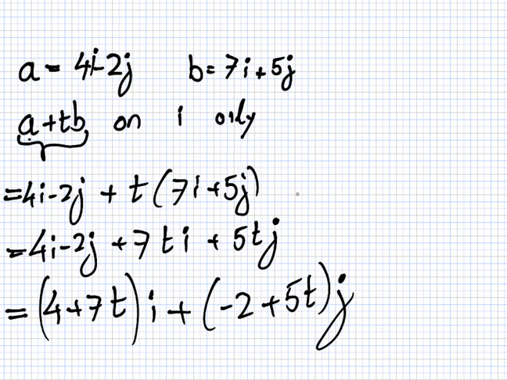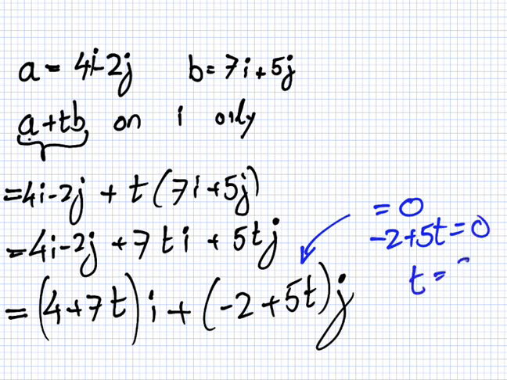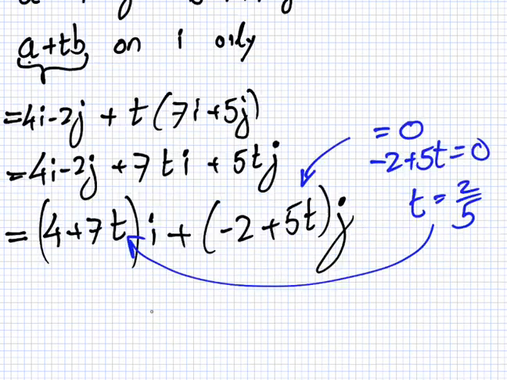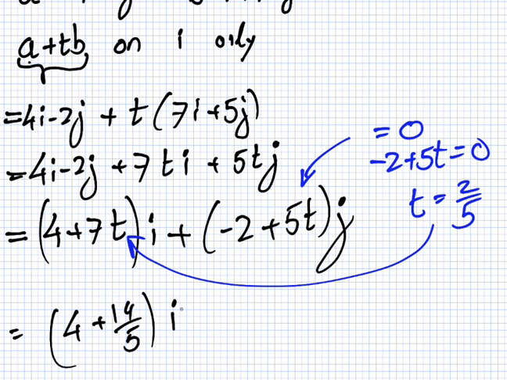So that means minus 2 plus 5t must equal 0. So t must equal 2 over 5. I can put that in here now. So I get 4 plus 14 over 5 i, which is 34 over 5 i.